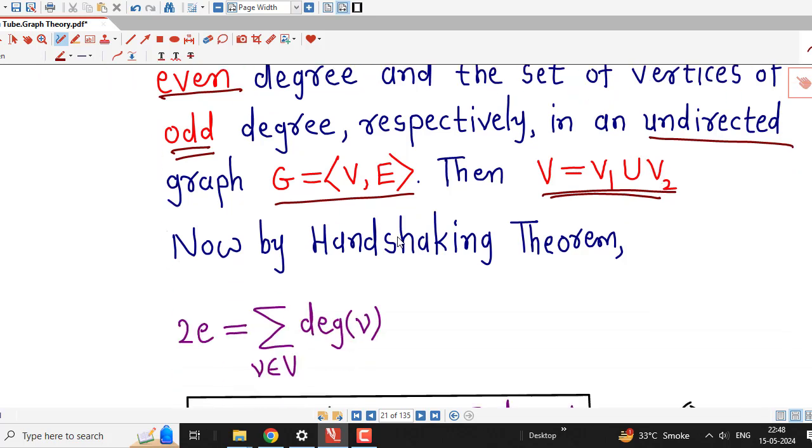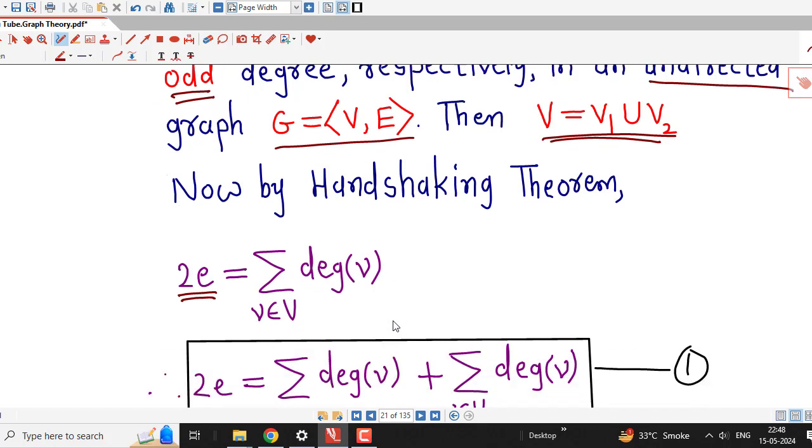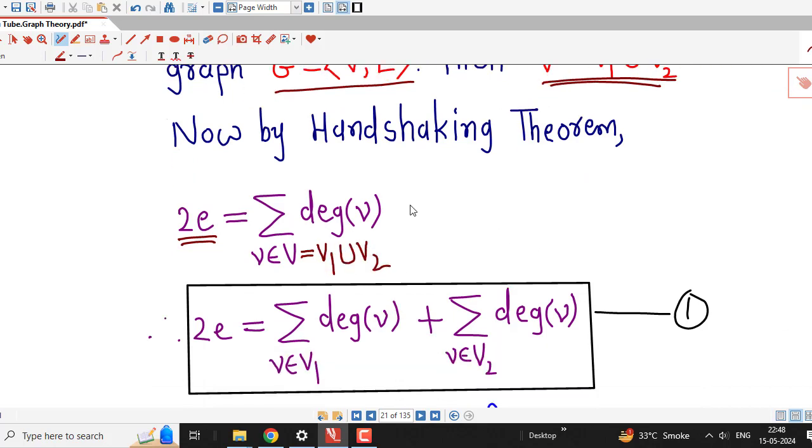Now by handshaking theorem, twice the number of edges equals sigma degree of V, where V belongs to capital V, but this is nothing but V1 union V2. Therefore we can replace this summation by addition of these two finite sums. So here I have written sigma degree of V, where V belongs to capital V1, and here sigma degree of V, where V belongs to capital V2.